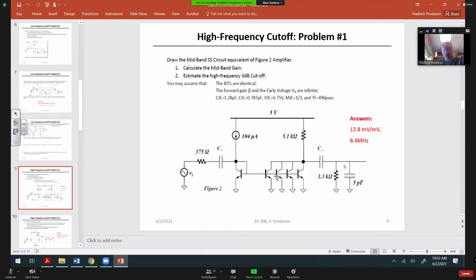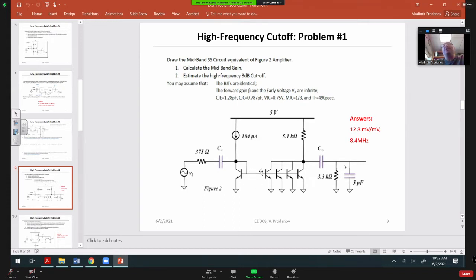If you tell me that you have an r pi coming from this device, you'll be having r pi from the first, the second, the third, and the fourth. So you will have a total of 5 r pi's all in parallel from base to emitter in the small signal model.